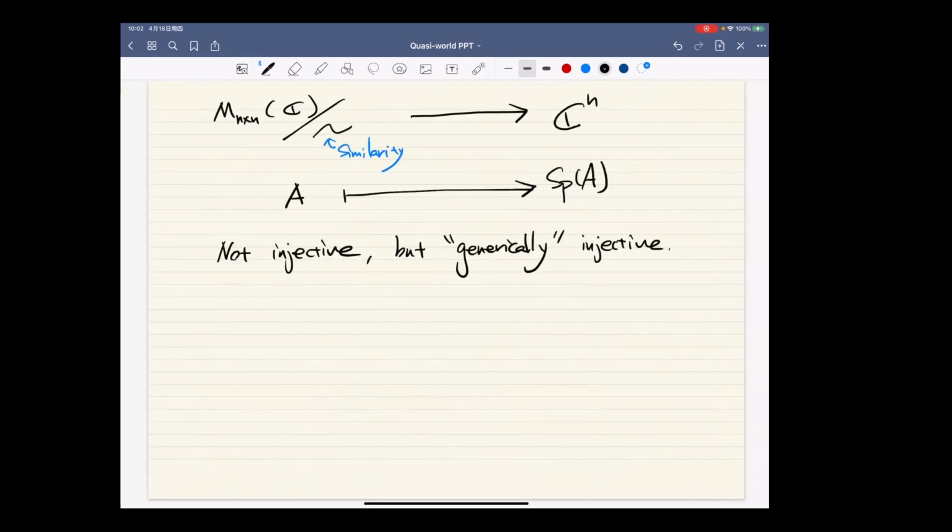So this defines a map from, maybe we can think of it as a moduli space of matrices. It's the space of n times n matrices, but we quotient by the similarity relation, and this maps to C^n, which sends any matrix to its spectrum. And this map is not injective, but generically injective.